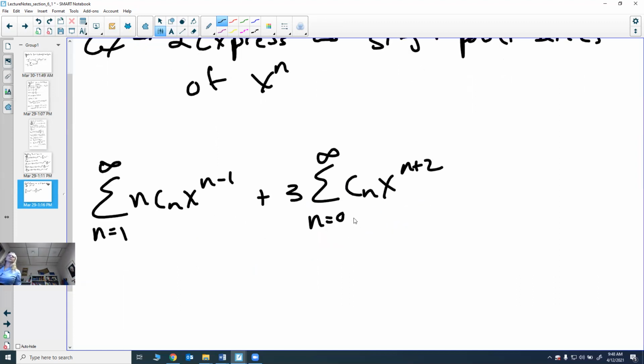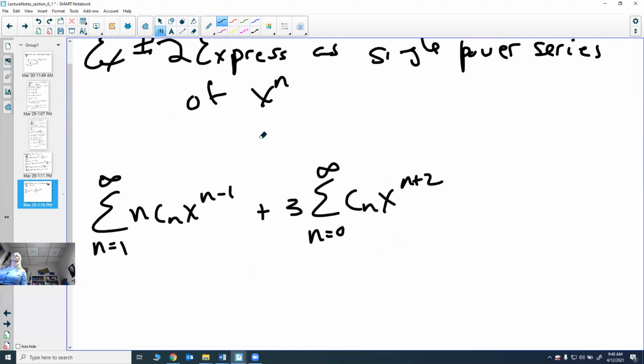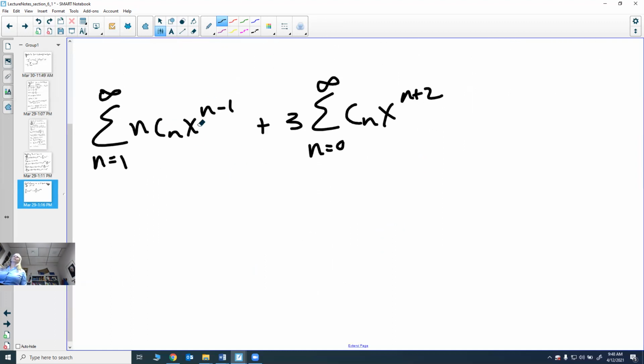So we want to actually make these into where they're x to the n. We don't care about starting necessarily right now. We care more about the fact that we want them both to be x to the n. And they're not. One is x to the n minus 1 and one is x to the n plus 2. So one of the things I'm going to look at is the fact that in the first one, I'm going to say that n is actually equal to n minus 1.